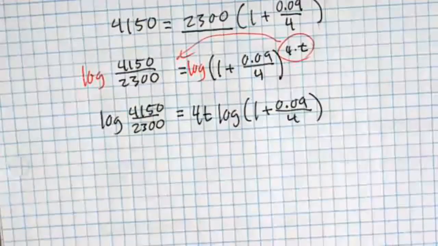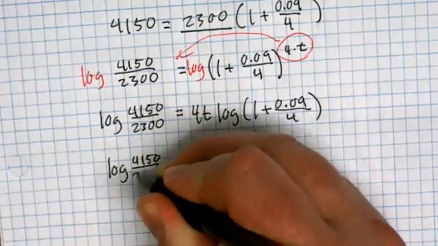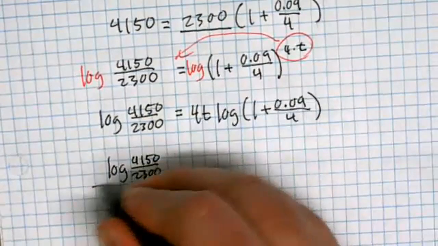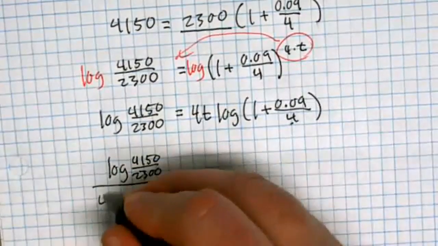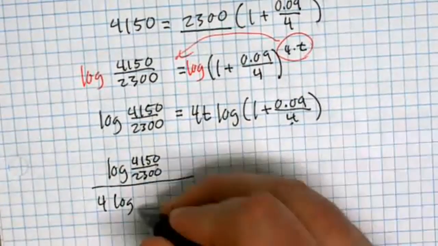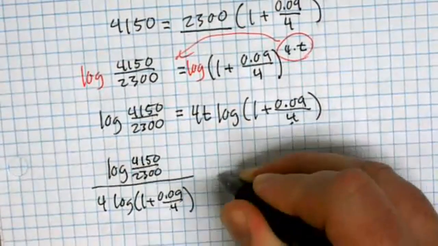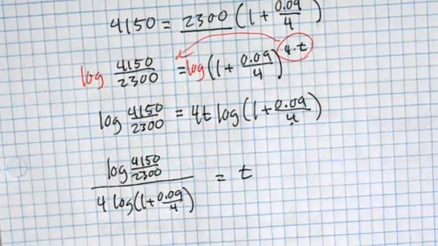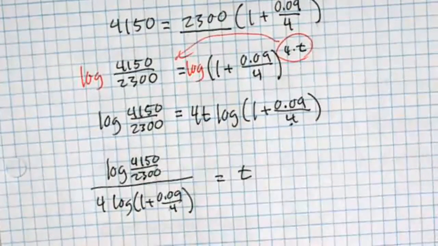And this is going to get really messy to type in all at once, but I got this. 50, 2300. So I just need to divide by the 4 in the log and I'll have T by itself. Some of you aren't going to like having these big nasty fractions and stuff.